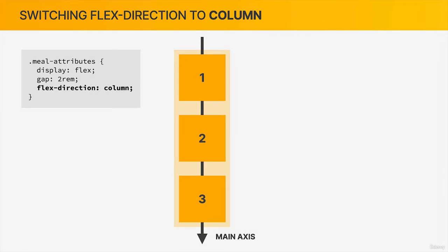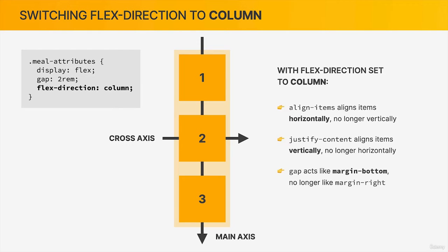And so the main axis now rotated 90 degrees, and the same thing for the cross axis. And so in this situation, the align items property will now align the items horizontally and not vertically, and also justify content does now align the items vertically. Okay. And finally, the gap property now acts a bit like the margin bottom property and no longer like the margin right. So basically, it applies the spacing now vertically and not horizontally.